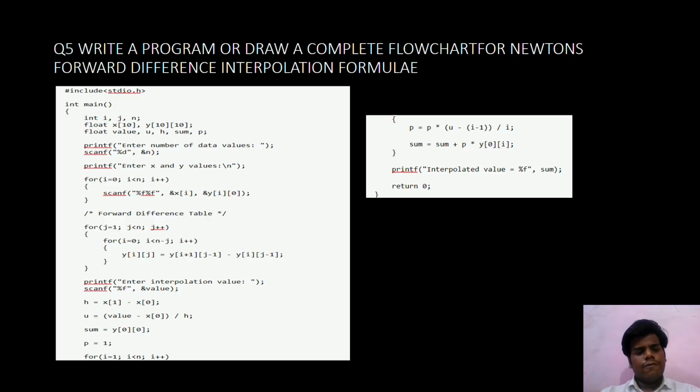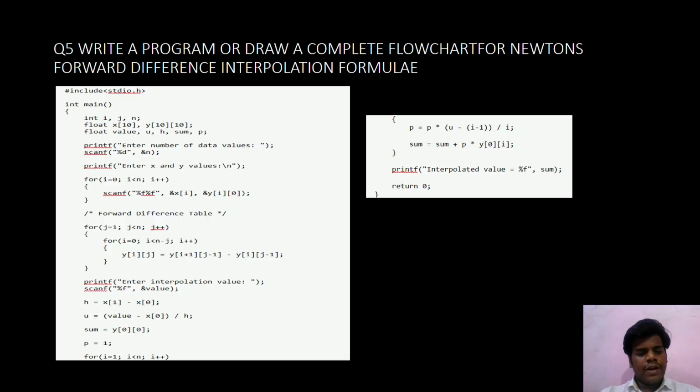Now we get values in i, j, and now the forward difference table. For j equals 1, j less than n, incremented by 1, y[i][j] equals y[i+1][j-1] minus y[i][j-1].